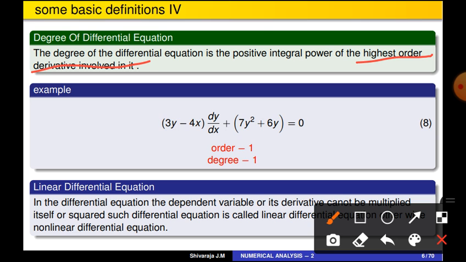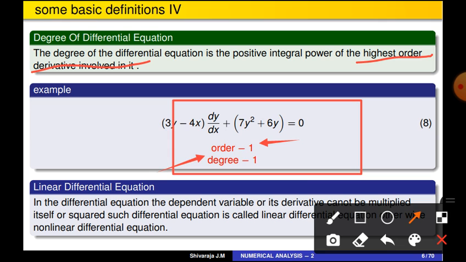Here there is one example: dy by dx plus 7y square plus 6y equals 0. For the corresponding problem, the order is 1 and the degree is also 1. So this is the degree and order of a differential equation.